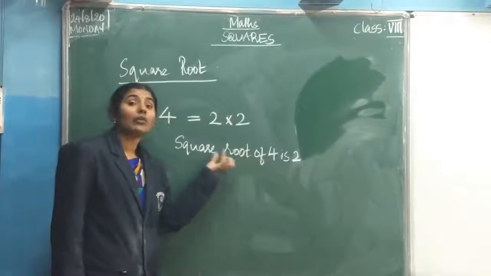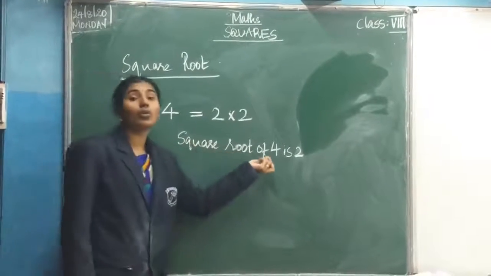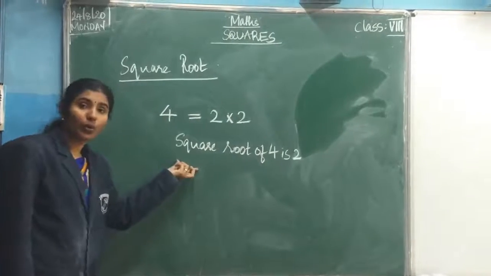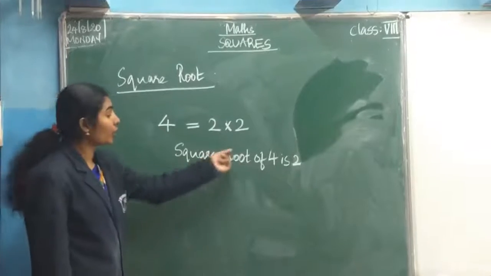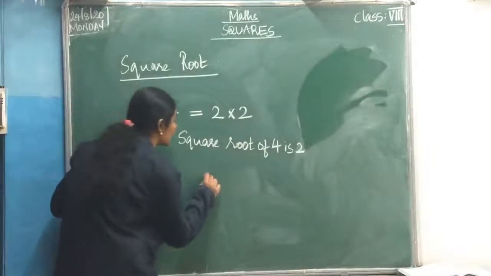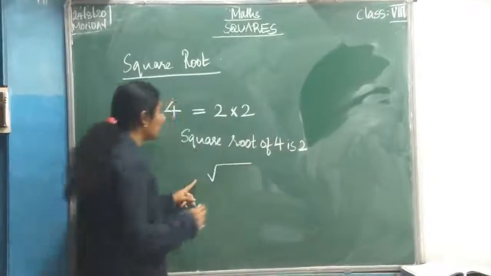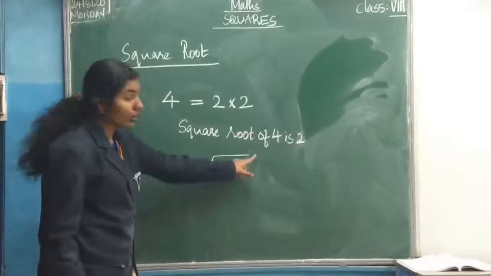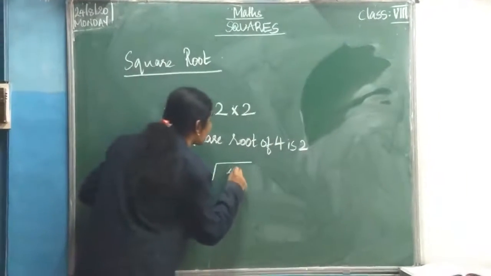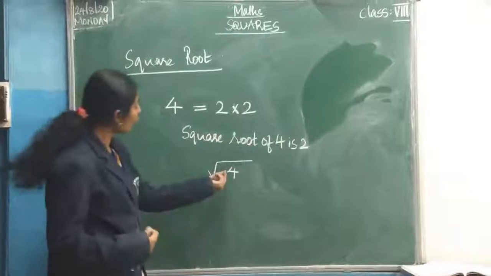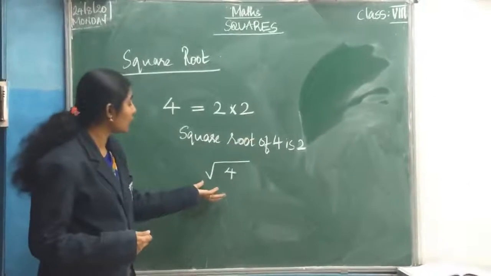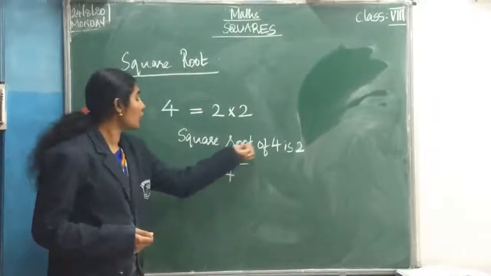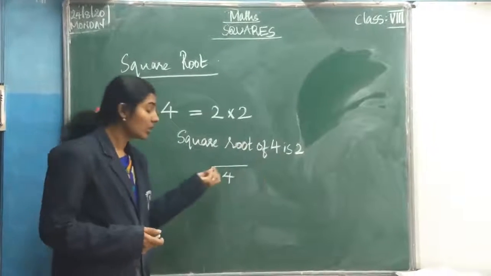There is a notation to simplify this. What is the square root of 4? By using one notation you can represent it. You should use this symbol. This symbol means square root of which number? 4, so you should write 4 here.